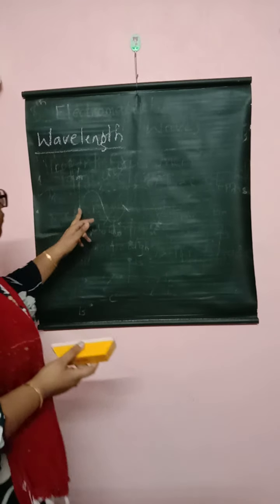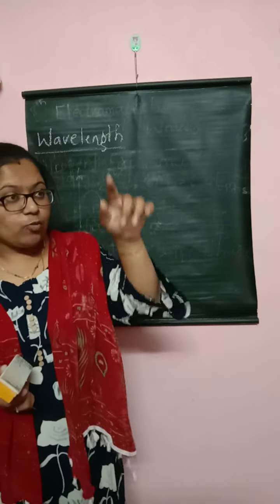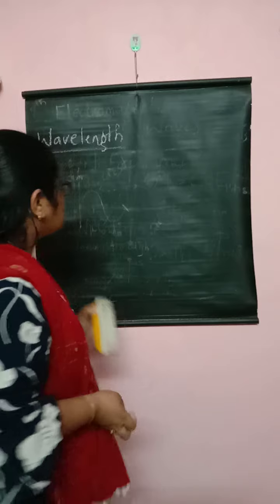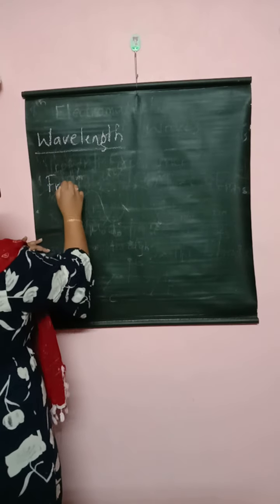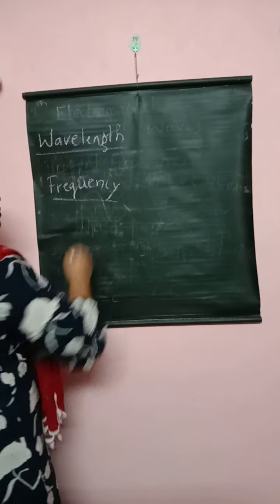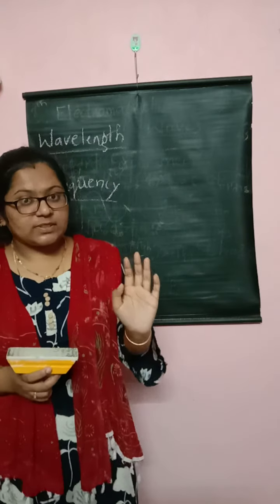And also, if the wave is propagating like this, in 1 second, how many cycles will it finish? That is called as the frequency of the wave. Yes. So time period means the time taken to complete one full cycle. That is a common thing.